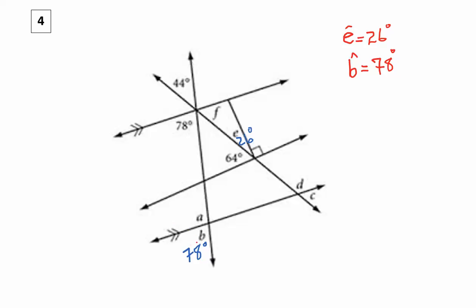Now, because angle B is 78, look at angle A. Angle A plus angle B together again on a straight line, supplementary angles, should give me 180 degrees.